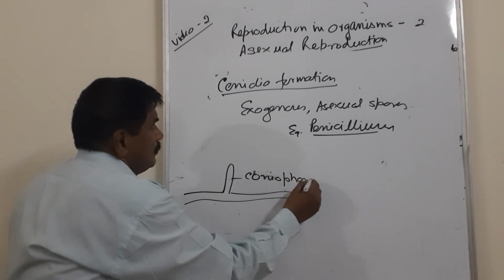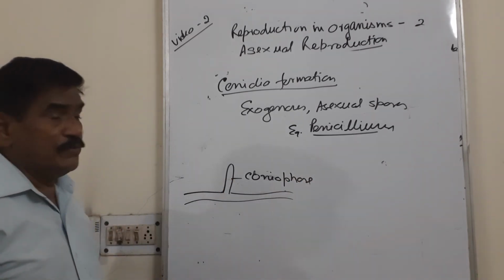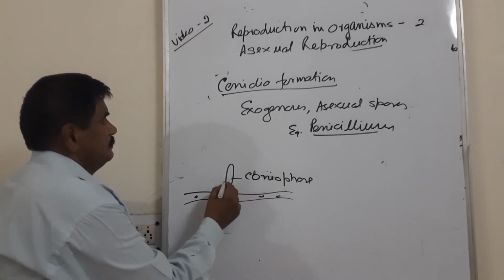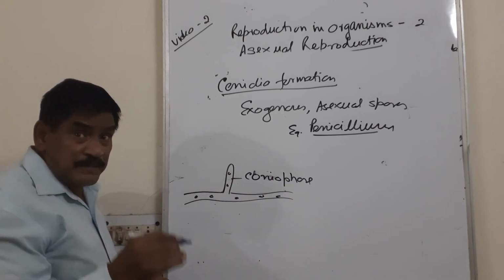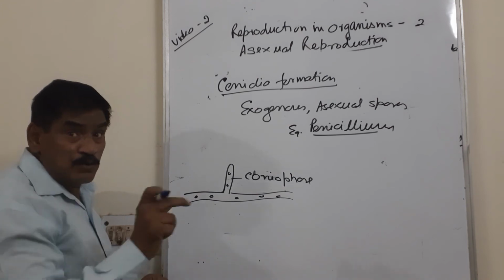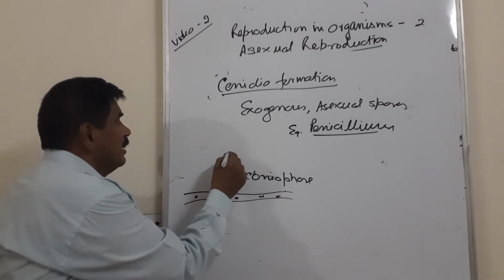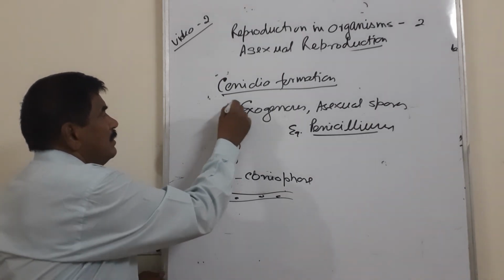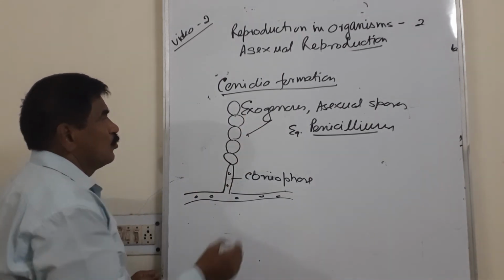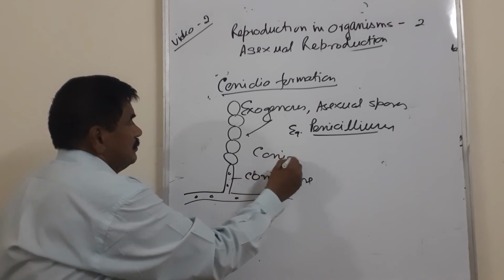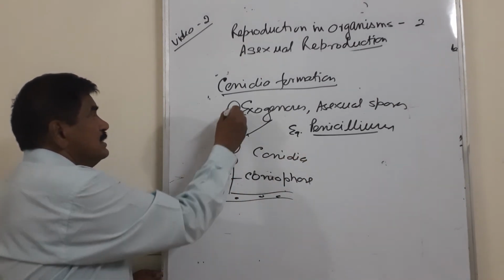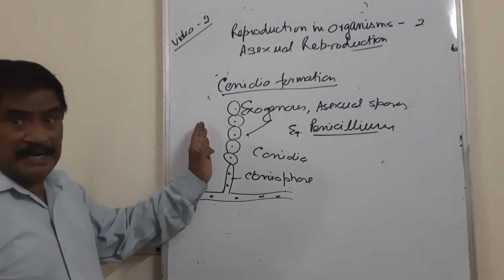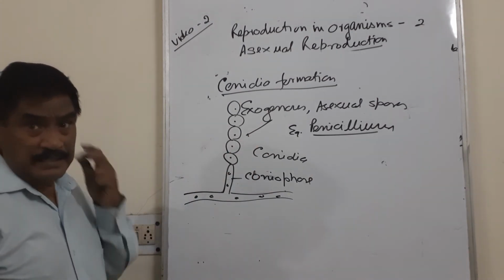Conidiophore. And from this conidiophore, exogenous means the spores are produced outside. Here, the exogenous spores are formed. These are called conidia. These spores, conidia, are detached, separated, and form a new organism.